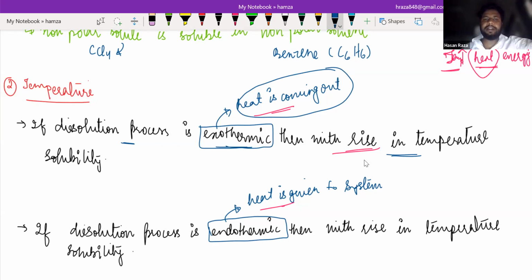So with increase in temperature for exothermic process, solubility decreases. And if the dissolution process is endothermic, that means it requires heat. And if you are going to increase the temperature, that means indirectly you are giving heat energy. That means it is a favorable condition for this process, so solubility increases.